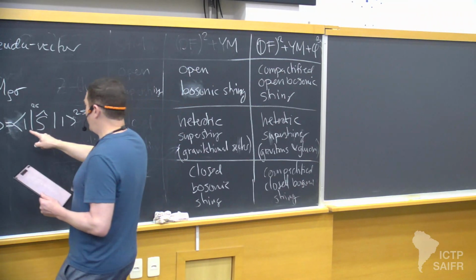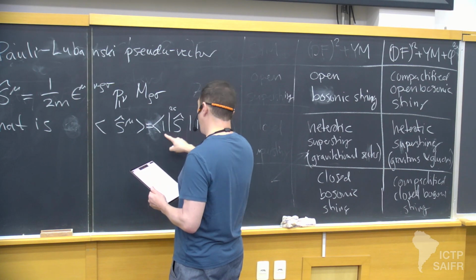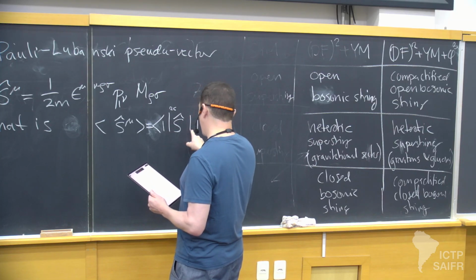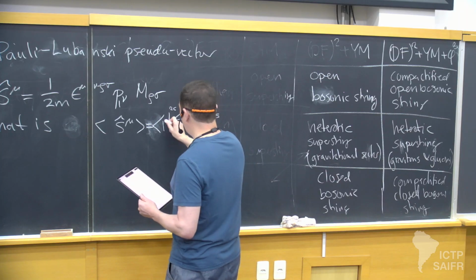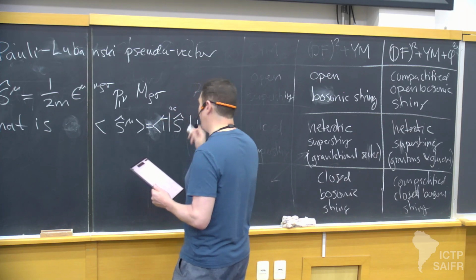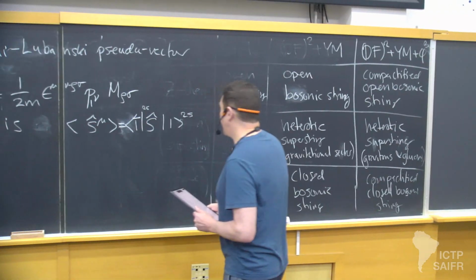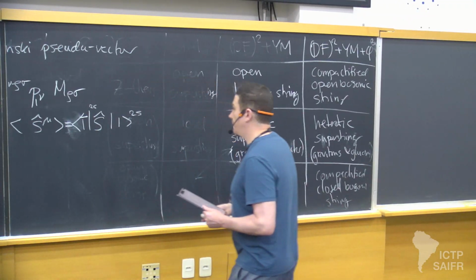And also what I should do here is put a ket and a bra, and interpret it basically as one of them incoming, one outgoing. I actually need to put a bar here. I will explain the bar later on. But essentially, it's just a quantum mechanical expectation value of this state.